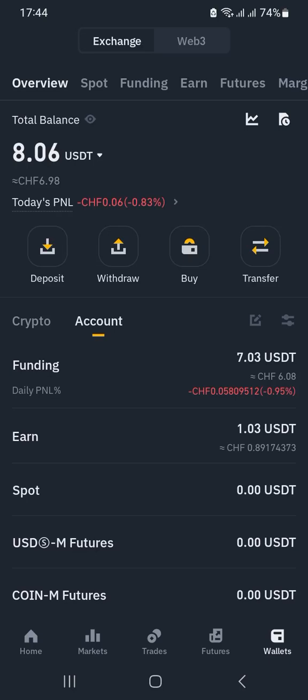Now, Binance Launchpad is a platform that helps new blockchain projects raise funds and increase their visibility through token sales, often referred to as initial exchange offerings, that is IEOs.